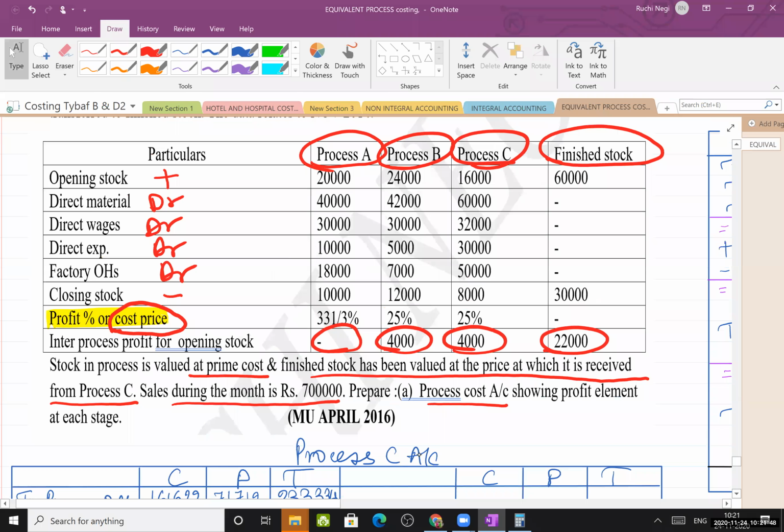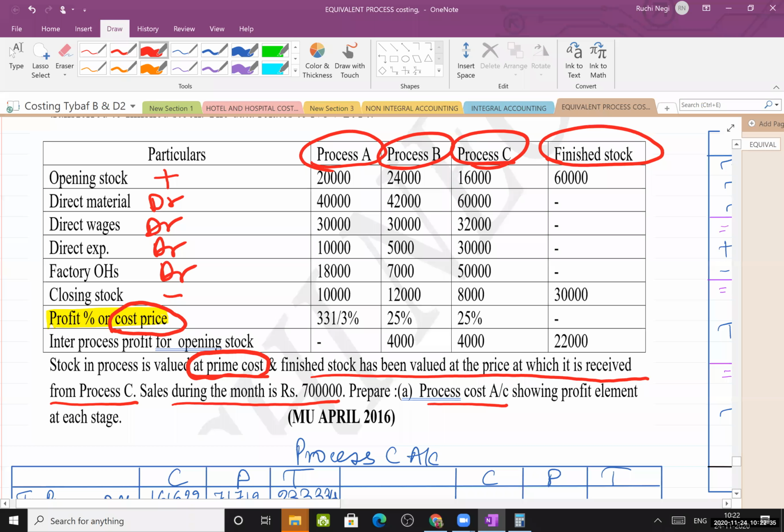In the earlier sum it was at transfer price, in this sum it is at cost price. All these minute details you have to be careful about when you're solving the sums. Inter-process profits: in the first there is nothing, nil. In the second there is 4000. See this part, this is nil, there is nothing here, so if there is no profit element in opening stock, there will be none in closing stock either. If there is 4000 profit in opening stock, it has to be calculated for closing stock also. The same goes here. And don't forget, closing stock is valued at prime cost.